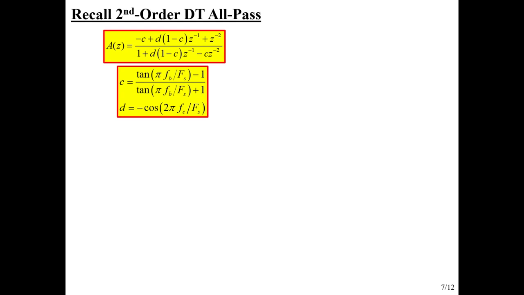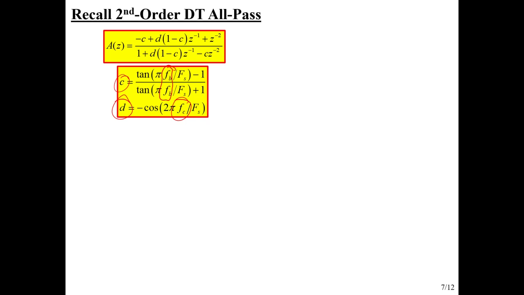Anyway, here's our discrete time second order all pass filter, and its coefficients have that classic reversed in time nature, and everything is set by just the 2 numbers C and D. So D is completely set by FC. C is completely set by FB.